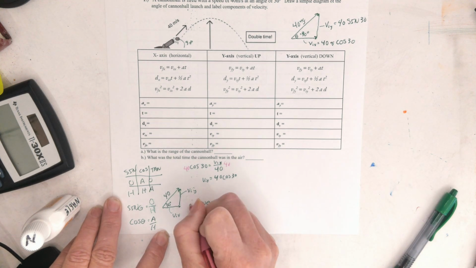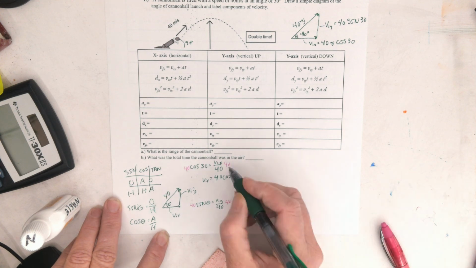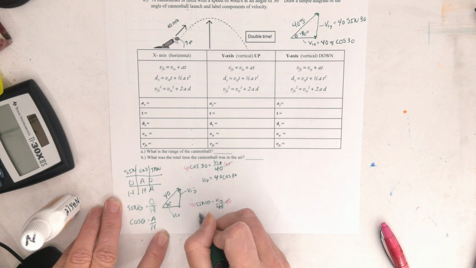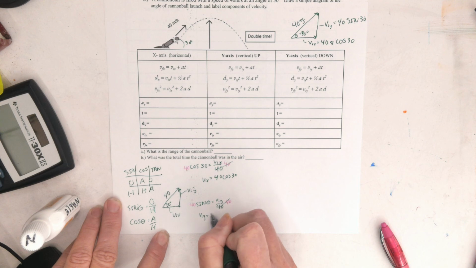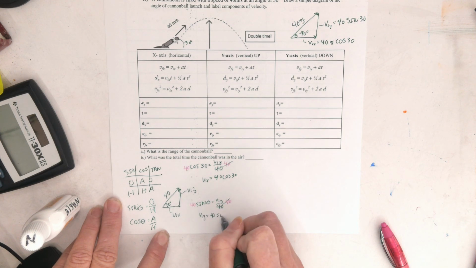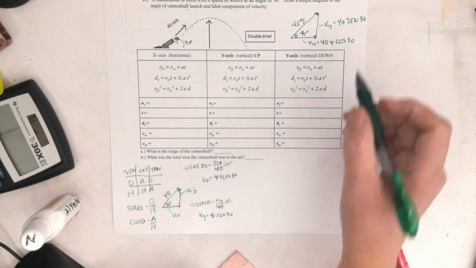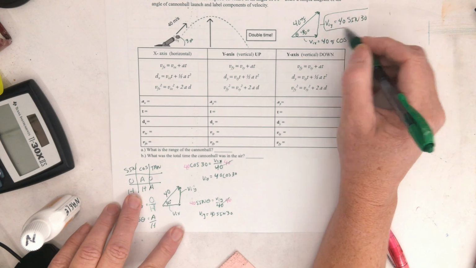Multiply 40 by both sides. Now the 40s cancel out. So V initial in the y is 40 sine 30. That's how I got these numbers, these components.